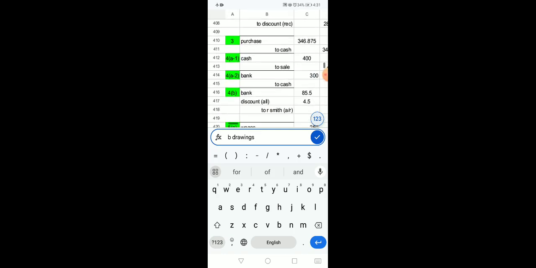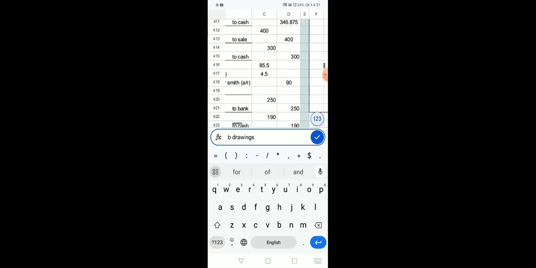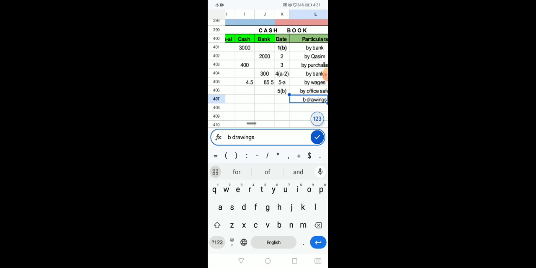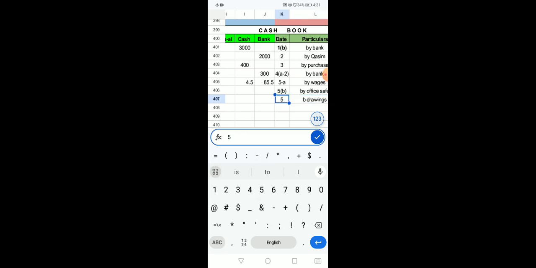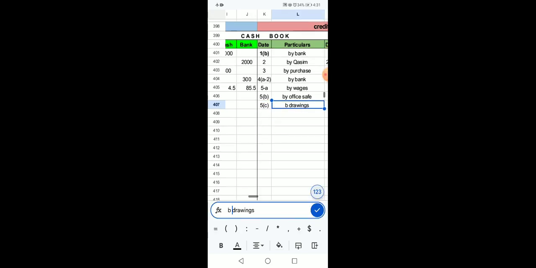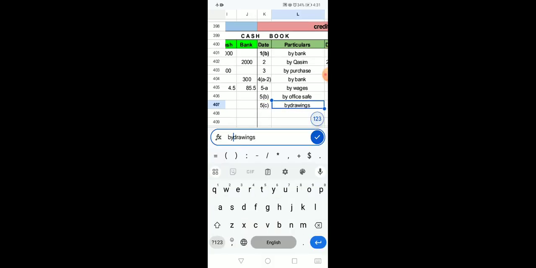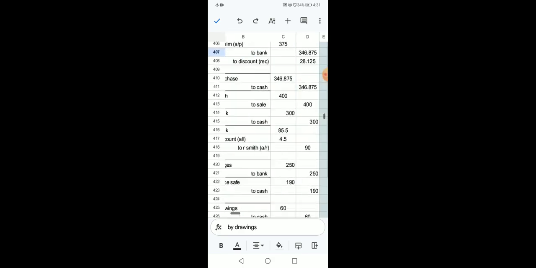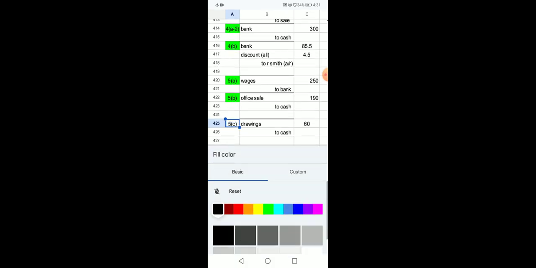And now see its date, which is 5C. So you will put 5C as the date, and here the y was missing. Okay, let's write y. Drawings is completed. 5C was having two elements but only one element was supposed to be posted, and we have posted to cash on the credit side. Mark it as done.